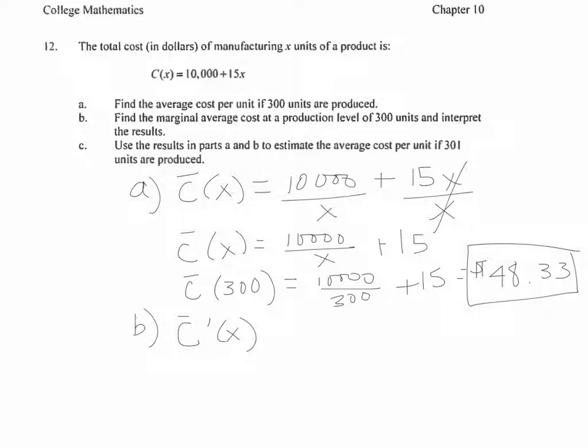Now, that means when I take the derivative, I probably will want to think of this as 10,000 x to the -1, plus 15, because instead of having the x in the denominator, I'm going to need to write it as x to the -1 when I differentiate. What's that going to give me?